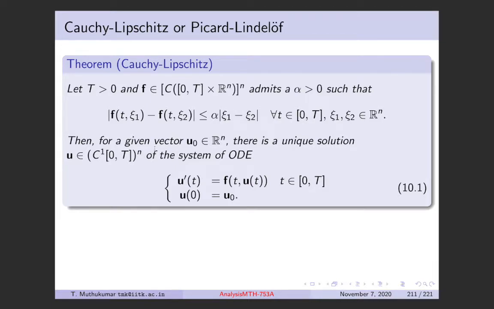In the modern version, the Cauchy-Lipschitz theorem, the Picard-Lindelof theorem, and Picard's theorem are the same result, which basically shows the global existence. So here you have a solution u in the entire region.